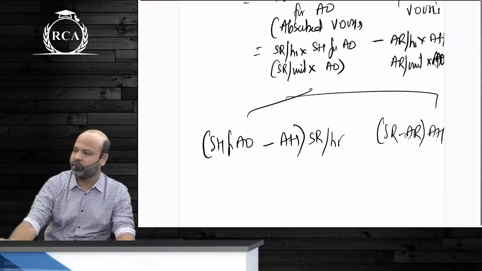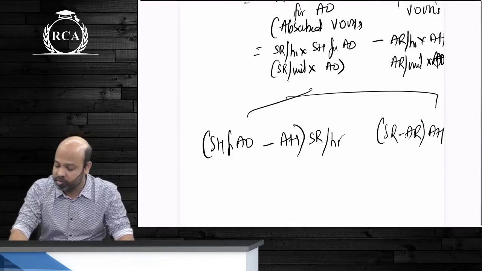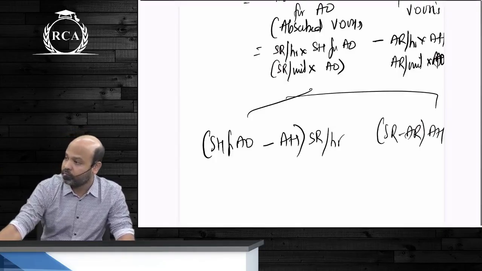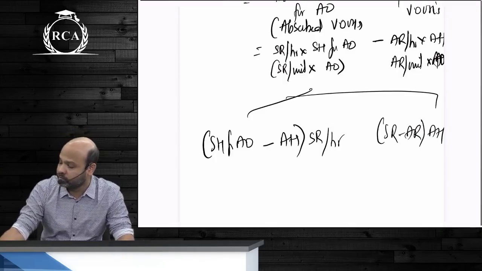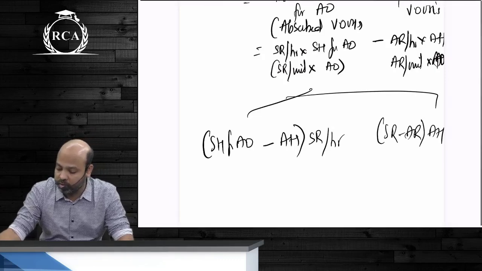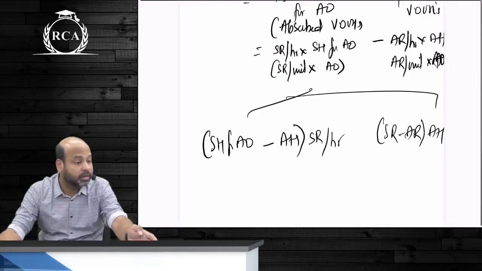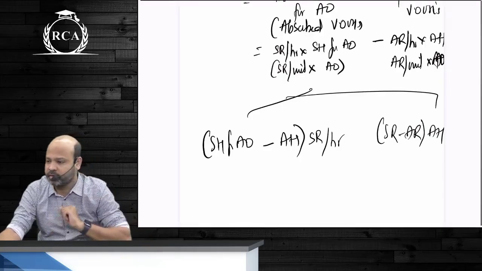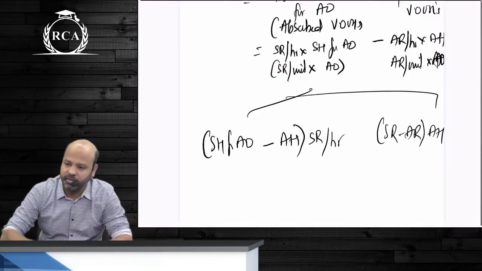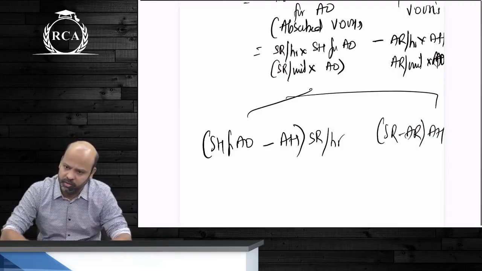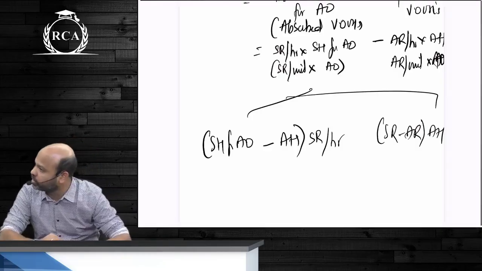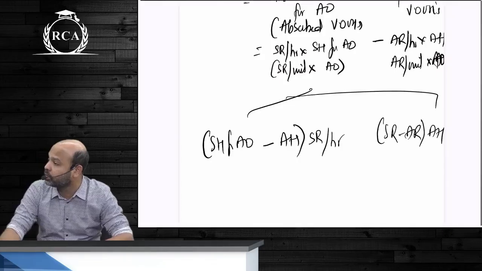What if there is idle time of the workers? Still we will have to incur overheads. Very good, guys. If the worker is idle, will you incur variable overheads? You incur variable overheads only when there is some work being performed.